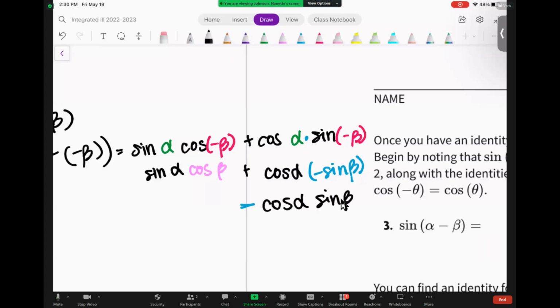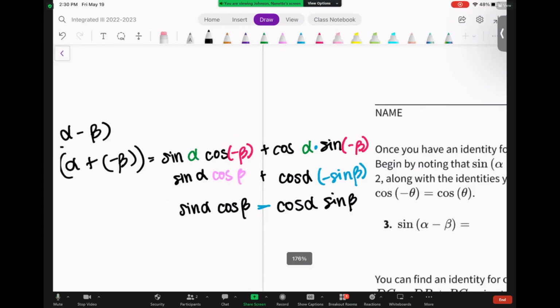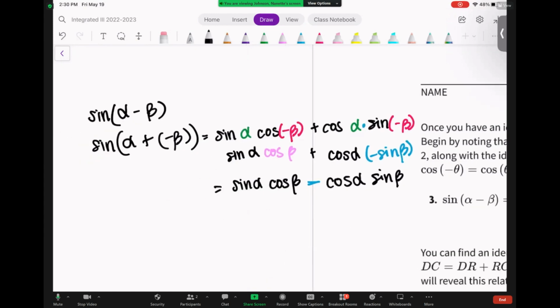Okay. And same goes here. This is sine alpha cosine beta. Okay. So then that is my identity of sine alpha minus beta.